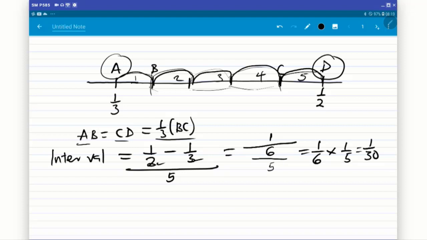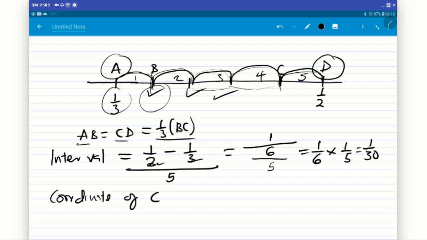So it means we add 1/30 to 1/3 to get point B, add 1/30 to point B to get the next, and so on. Now we want to find the coordinate of C. That is this point here. We can simply subtract 1/30 from 1/2 to give us the coordinate of C. That is 1/2 minus 1/30.